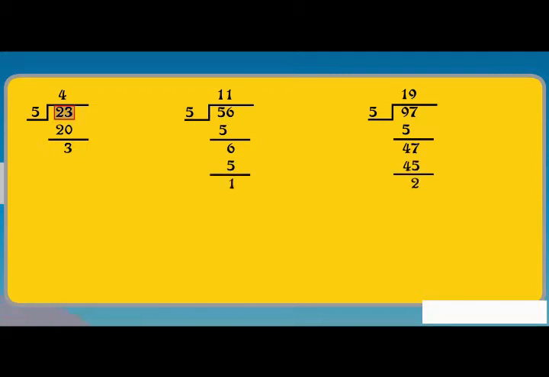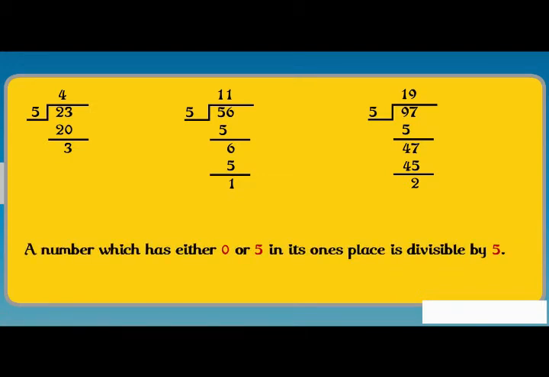He tried to divide the numbers 23, 56, 97 by 5. But found that 23, 56 and 97 are not divisible by 5. He observes that a number which has either 0 or 5 in its ones place is divisible by 5.